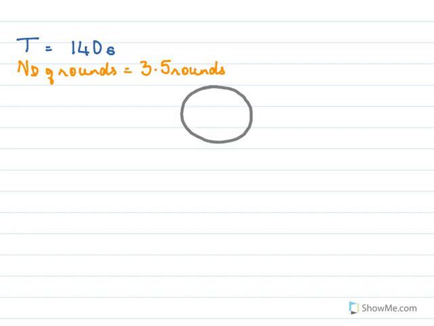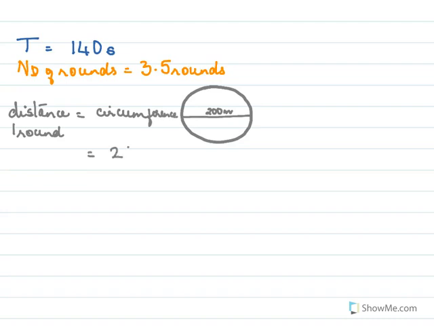So here is the circular path along which he moves. The diameter of the circular path is 200 meters. So the distance moved in one round will be the circumference. The formula for circumference is 2 pi r, which is 2 times 22 by 7, which is your pi, times r, which is 100, because the diameter is 200, so the radius is 100.